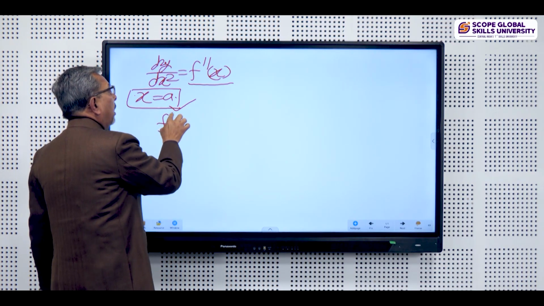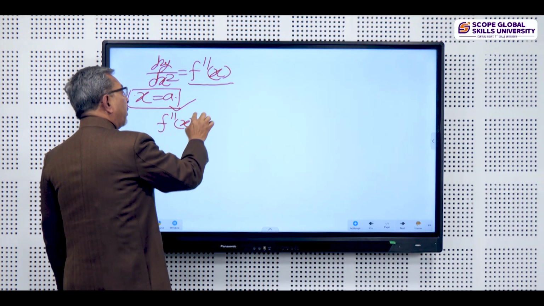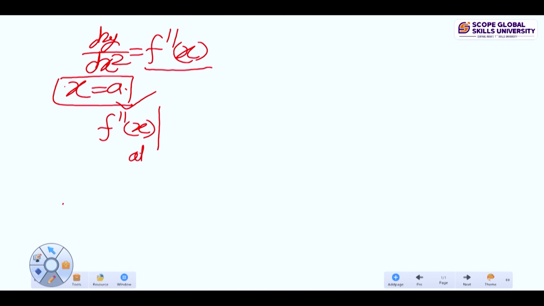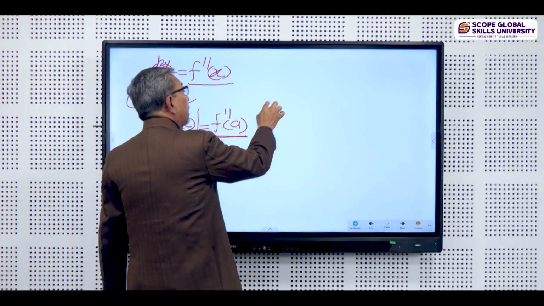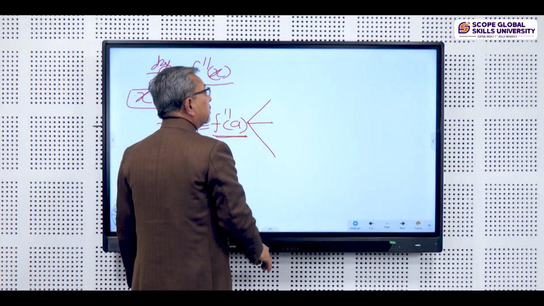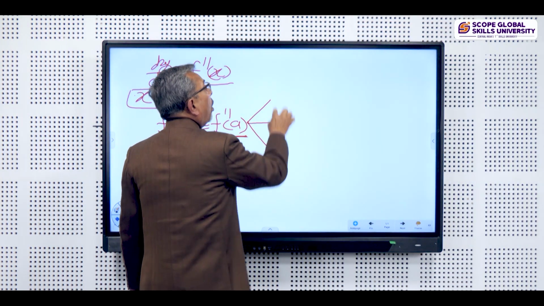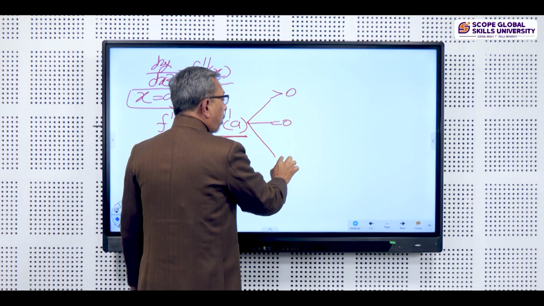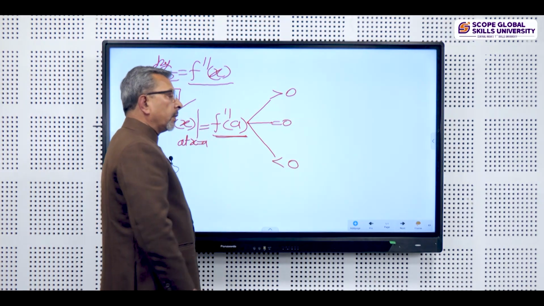That means f double dash x at x is equal to a, which is f double dash a, and on the basis of its value there may be 3 types of values, either it is 0 or greater than 0 or less than 0.